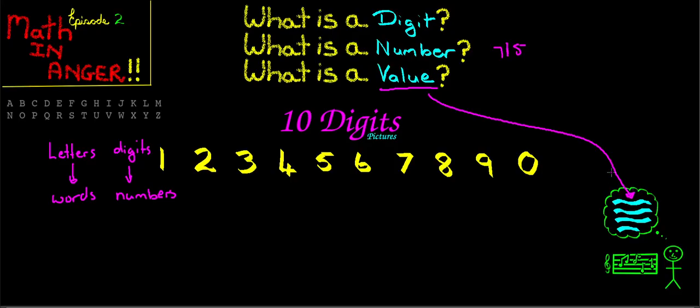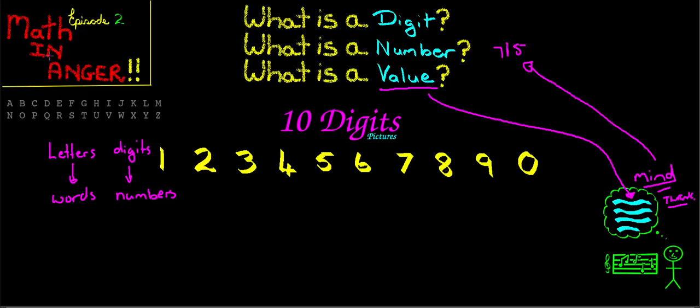A value is the thing that is in your mind. It is the thing you are thinking about. You use digits to write what you are thinking. Now you know what a digit is, you know what a number is, you know what a value is.